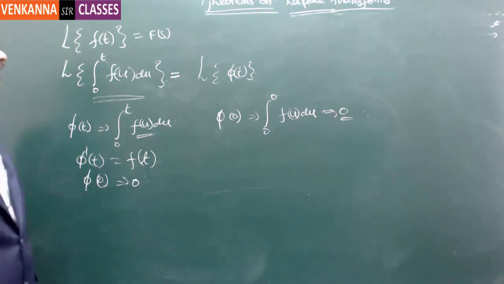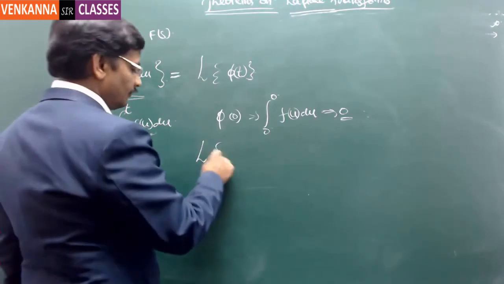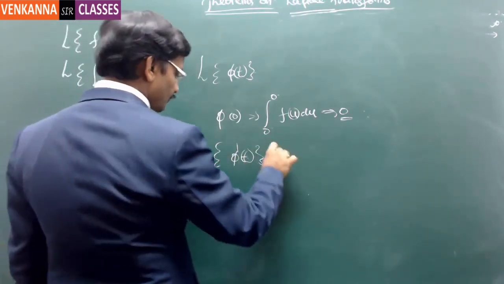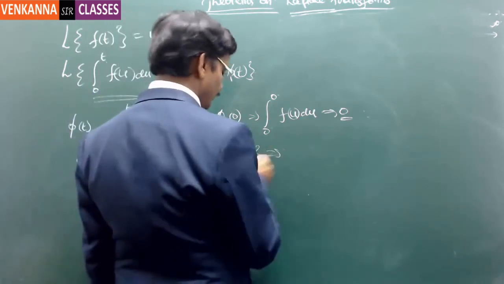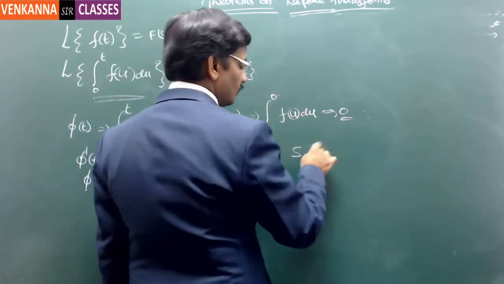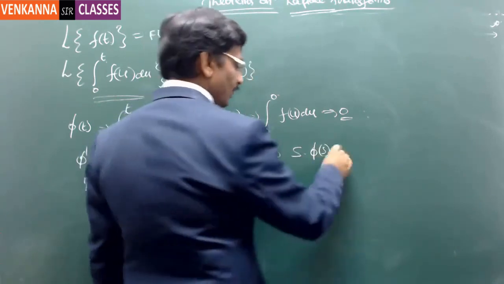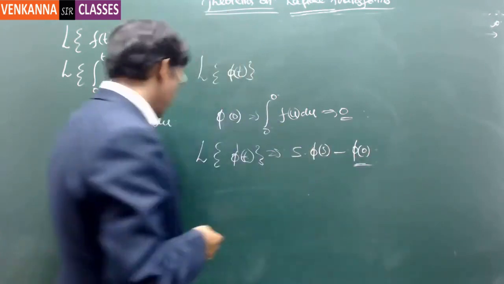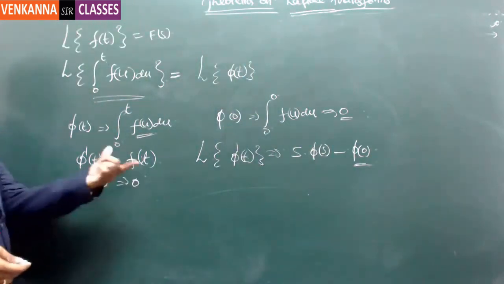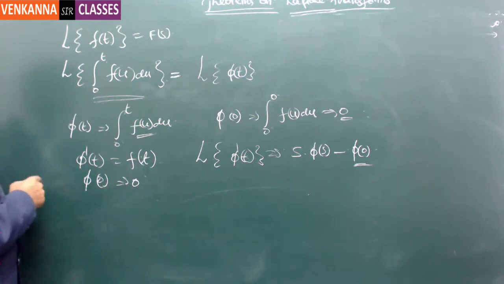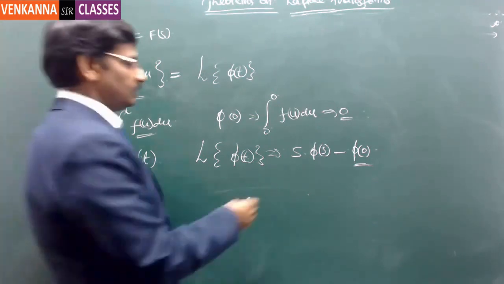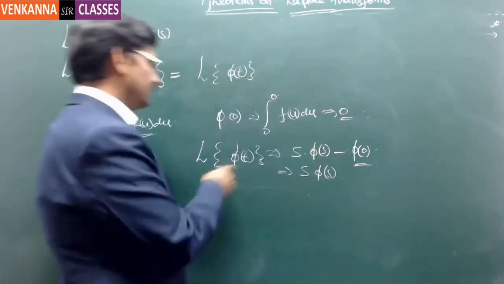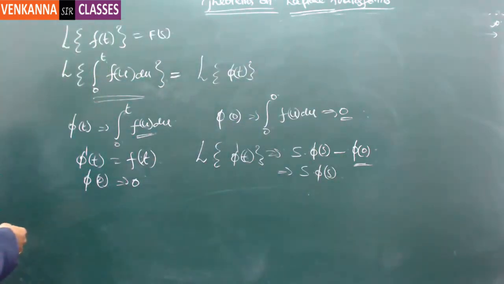Now, if you want to find the Laplace transform of phi dash of t, it is nothing but s into phi of s minus phi of 0. This phi of 0 value is coming out to be 0. So the Laplace transform of phi dash of t is nothing but s into phi of s.